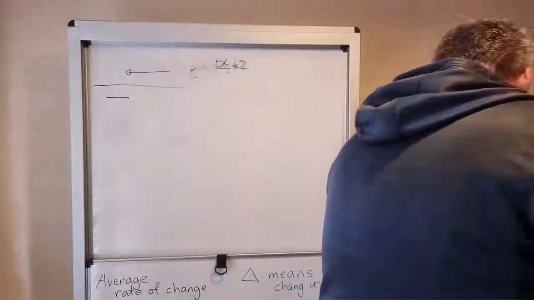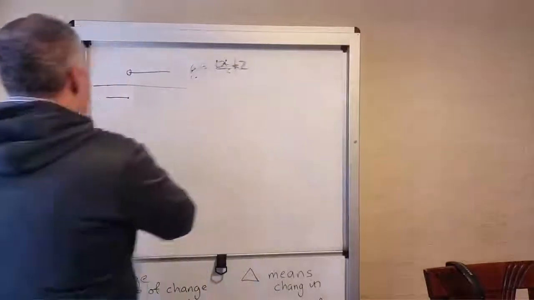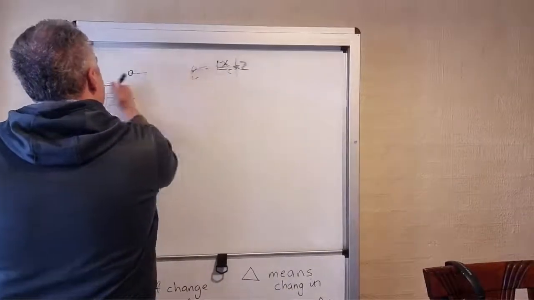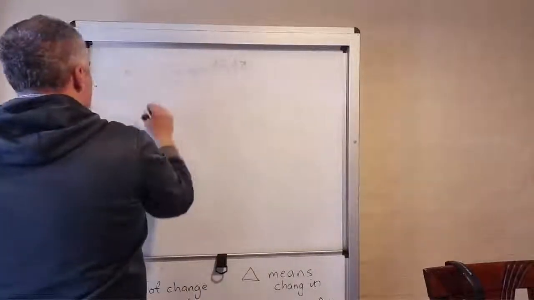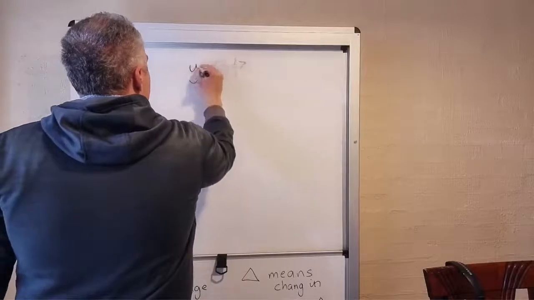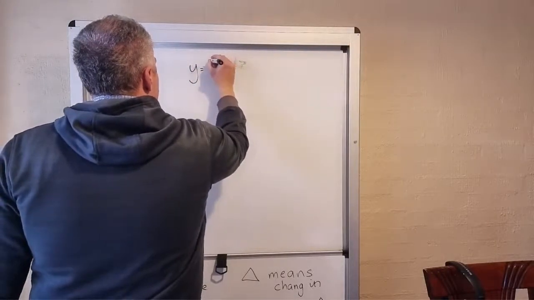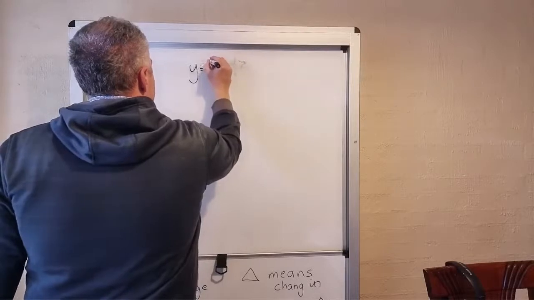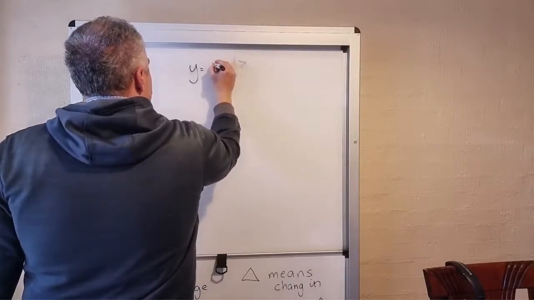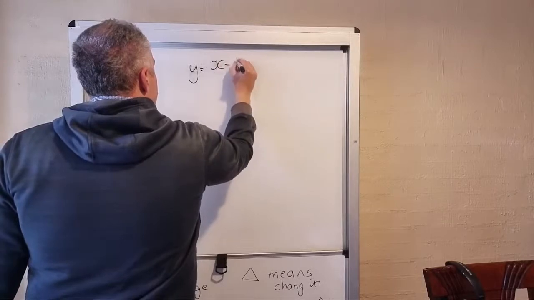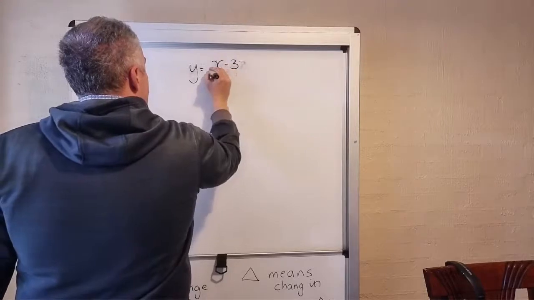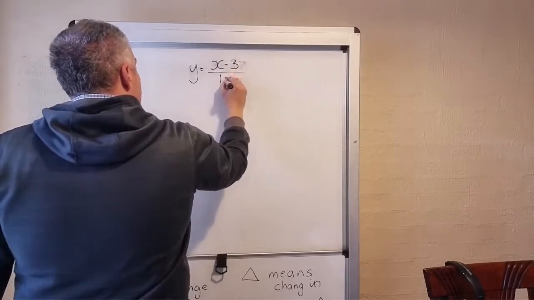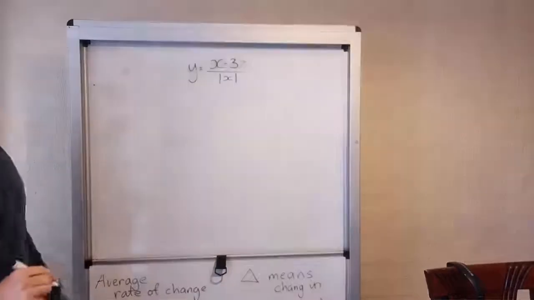So you sometimes have something like this: y equals x minus 3 on top of the absolute value of x. Okay?